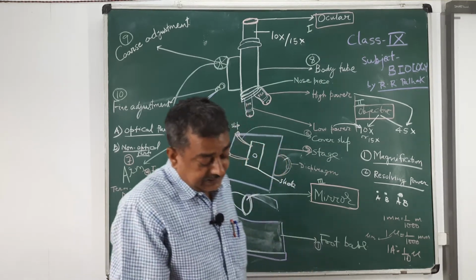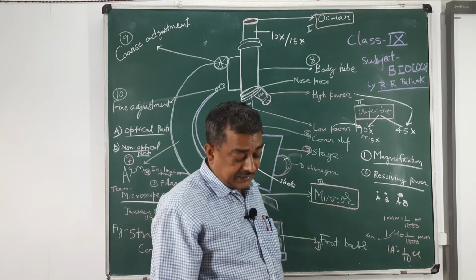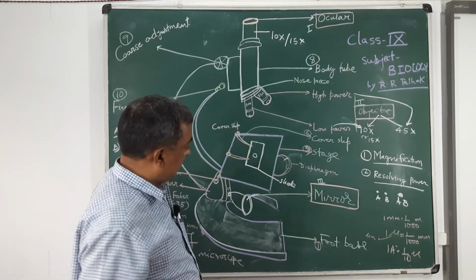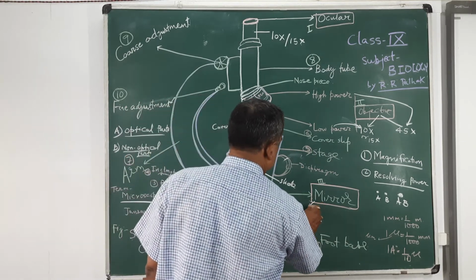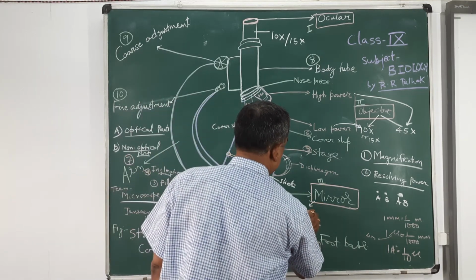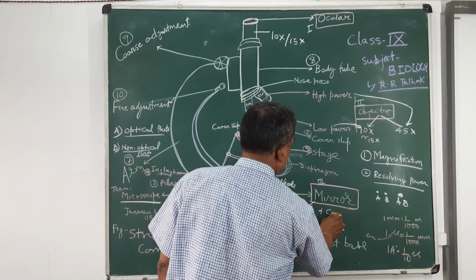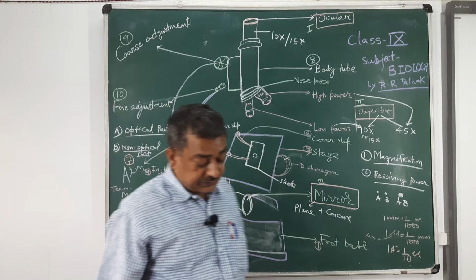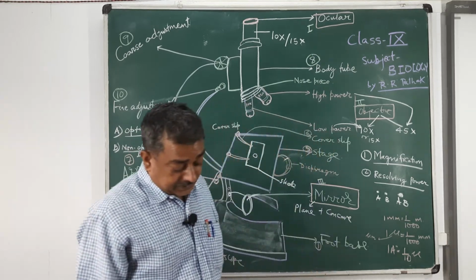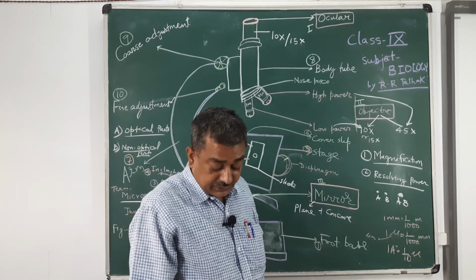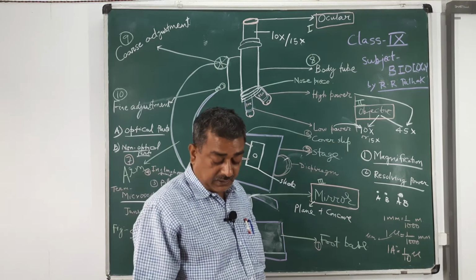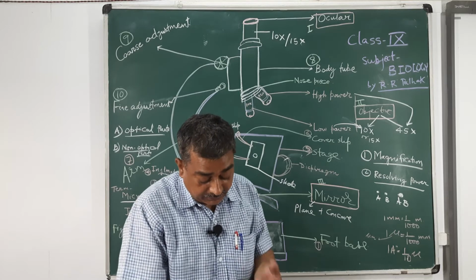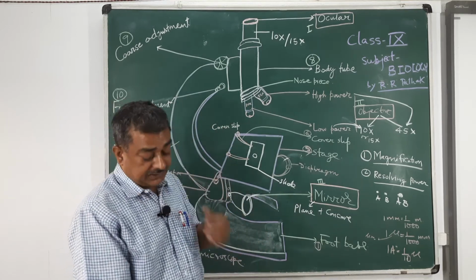Light is focused in the microscope with the help of the mirror. Our mirror is plano-concave, that is, one side is plane and another side is concave. So a plano-concave mirror is used in the light microscope. Keeping the microscope before the source of light, the mirror is rotated in a number of directions and the light is focused.